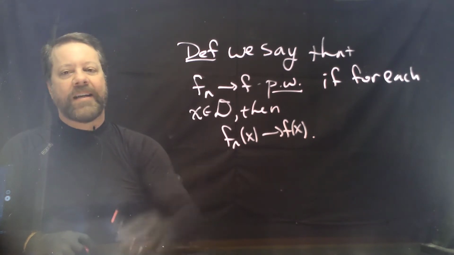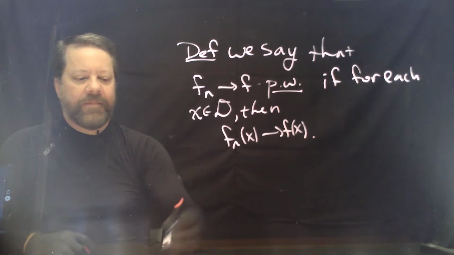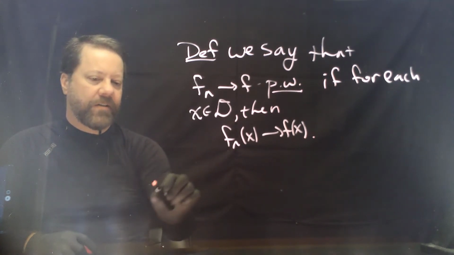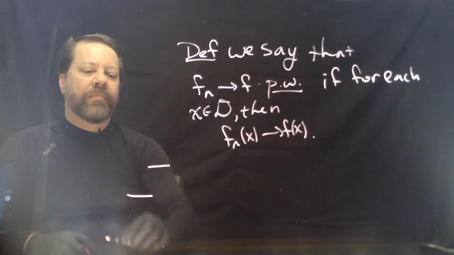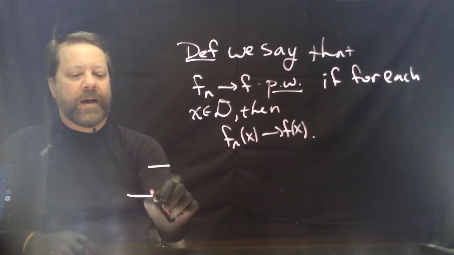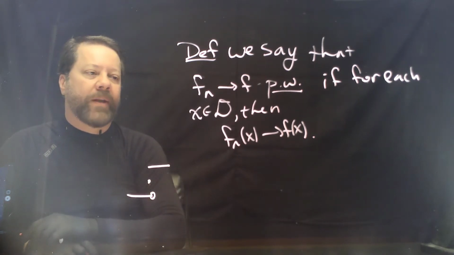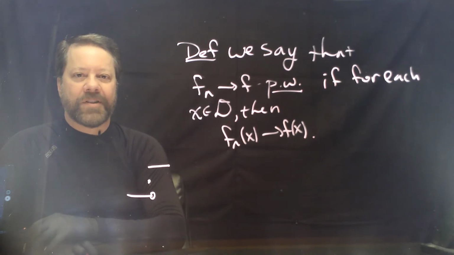We can see that our sequence of partial sums for the Fourier series of this little digital bump wave do not converge pointwise at x equals 1/2. You have the wrong point at which they converge to. So we don't get pointwise convergence there.